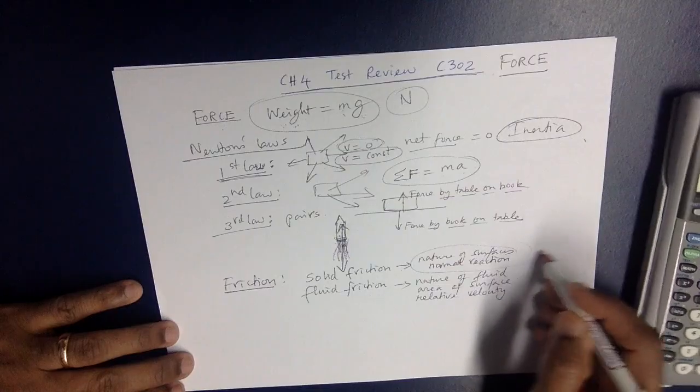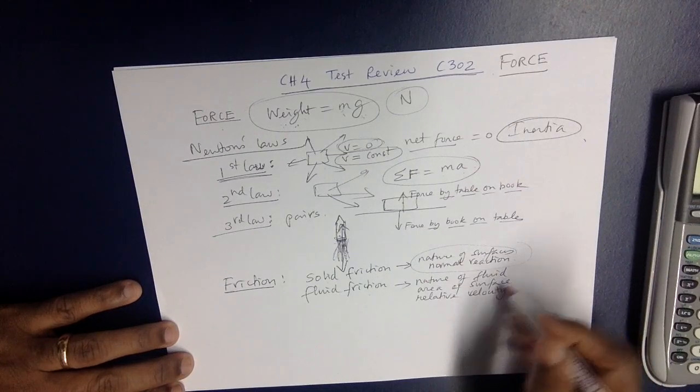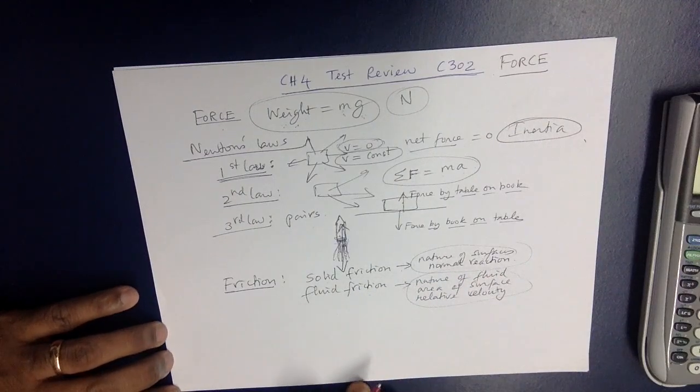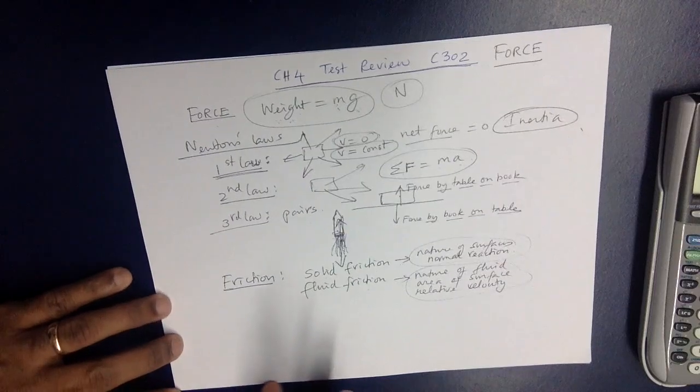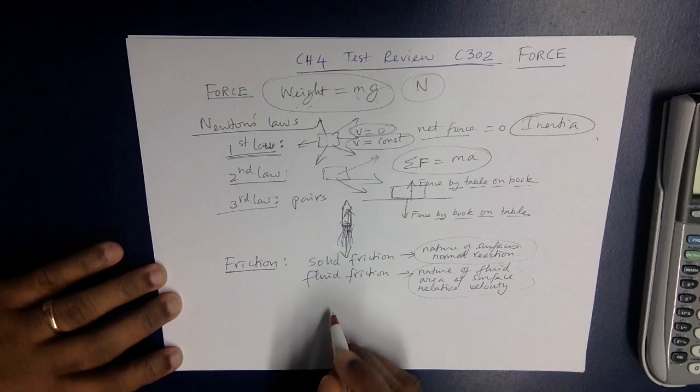Solid friction, of course, does not depend on surface area or relative velocity. So these are the factors that solid friction and fluid friction depend on. So conceptually, this is the information.